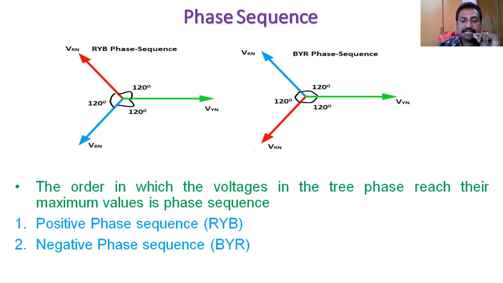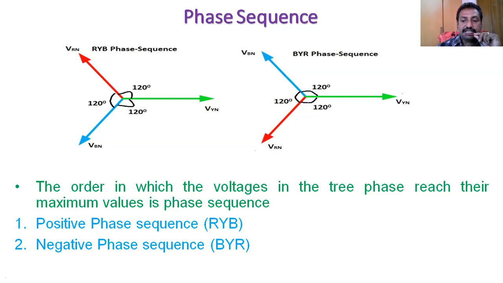The second is the negative phase sequence. In this scenario, first the B phasor reaches the maximum value. After that, the Y phasor reaches the maximum magnitude. After 120 degrees, the R phasor reaches the maximum magnitude. So in such a way, we connect BYR. It is called the BYR sequence, also called the negative phase sequence.